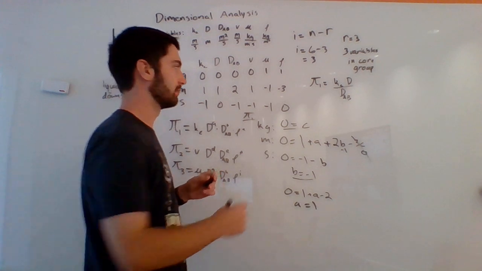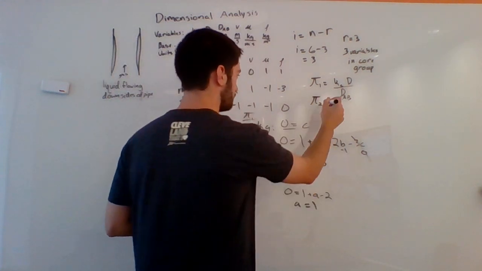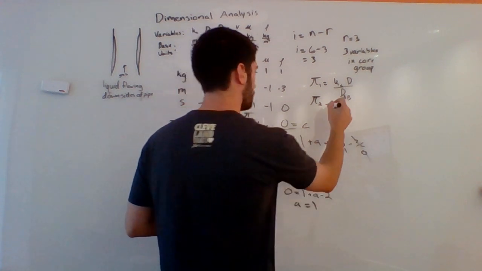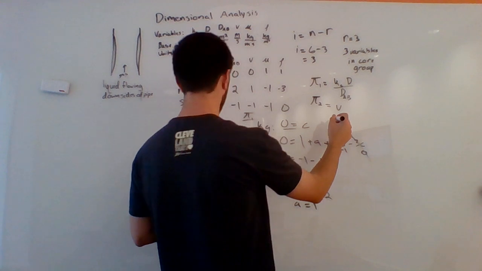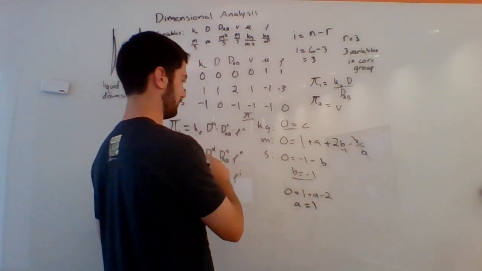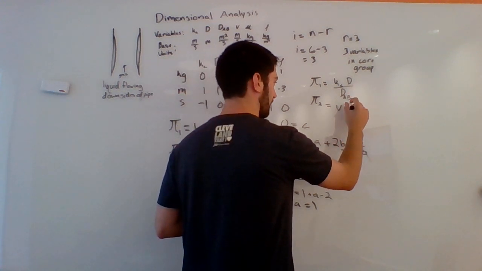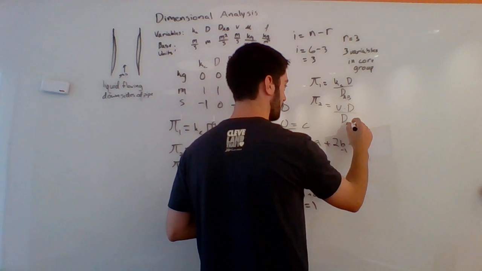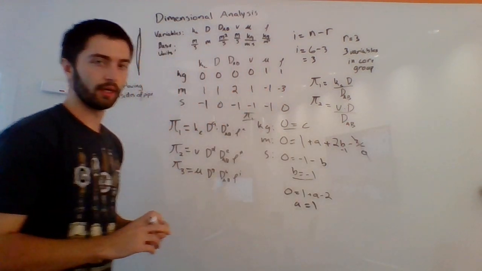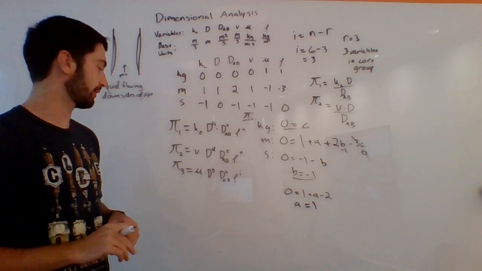So I can write out pi 2 right away. Pi 2 is equal to the velocity multiplied by, a is equal to d, so multiplied by the diameter over the mass diffusivity.